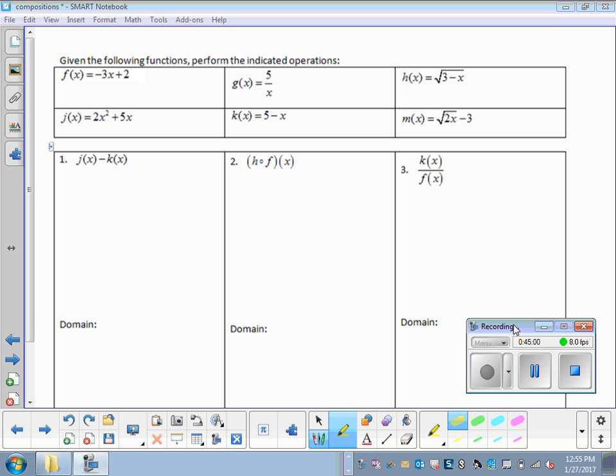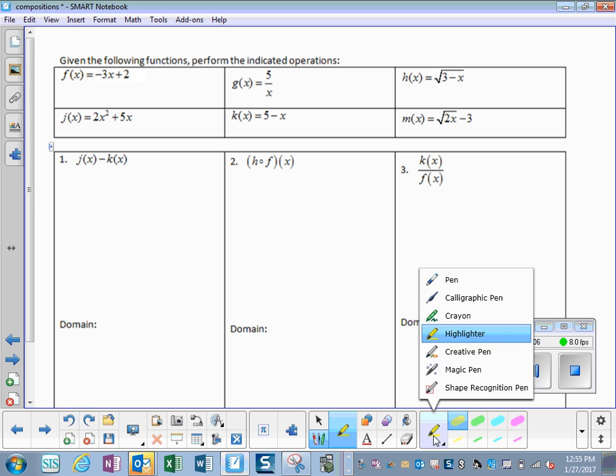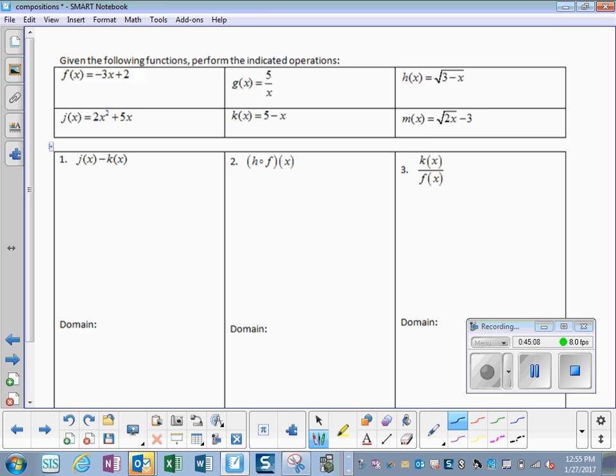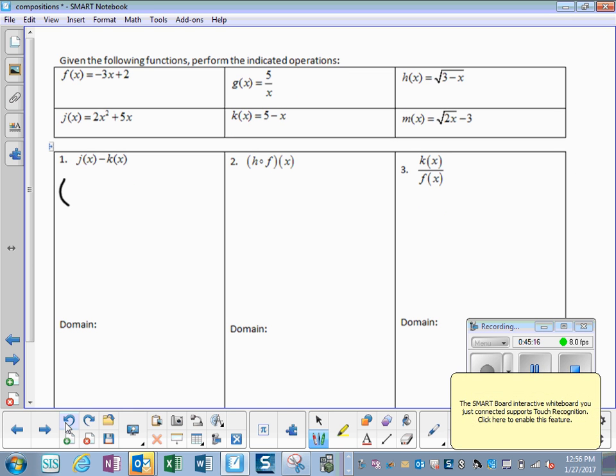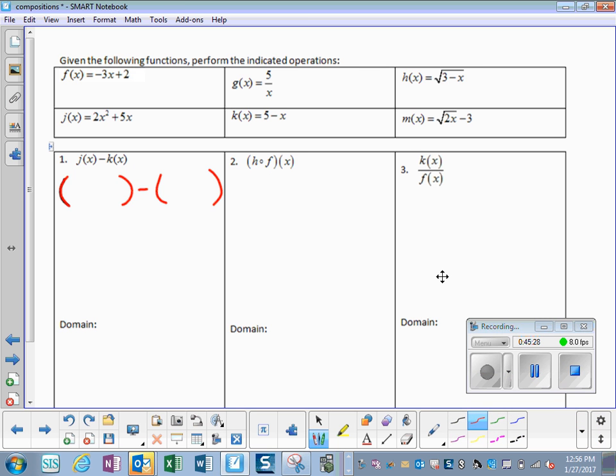So j of x minus k of x, right? I have just two functions that I need to subtract. Minus this one. So I have parenthesis minus parenthesis.